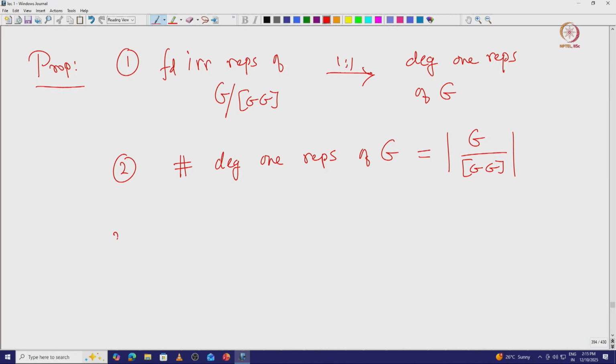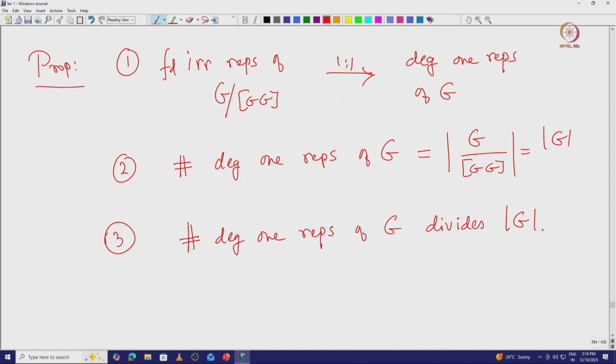In particular, we can conclude that the number of degree 1 representations of G divides the cardinality of G. That is because it is nothing but the cardinality of G divided by the cardinality of [G,G].